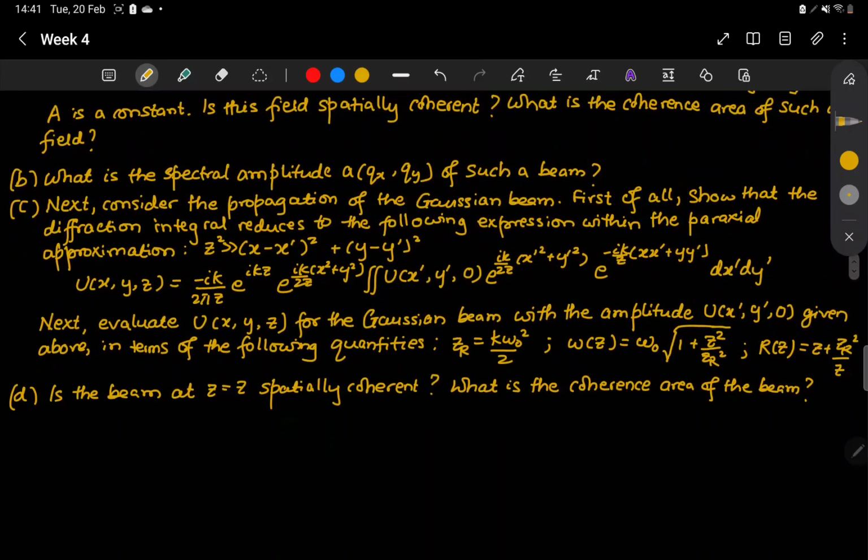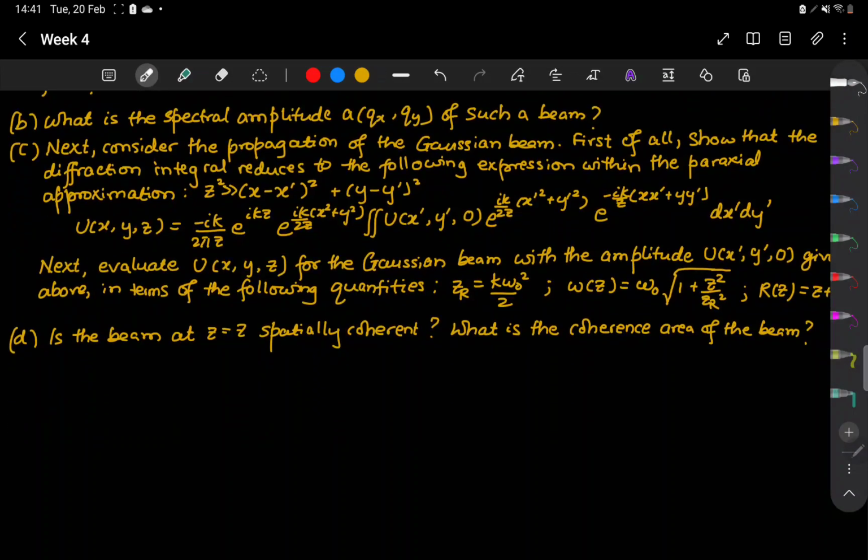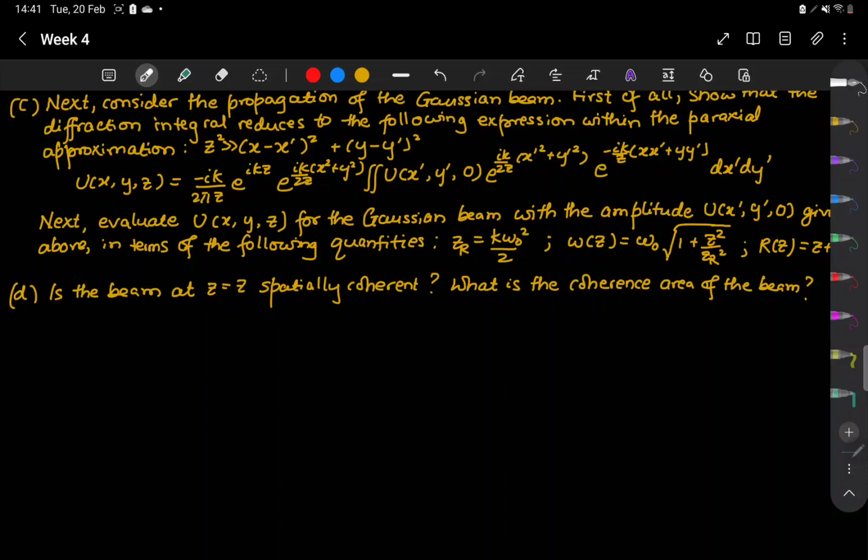Okay, so let us now start solving. Let us look at part A. This is the field expression at z equal to 0, and it is Gaussian. Omega naught is the beam waist.